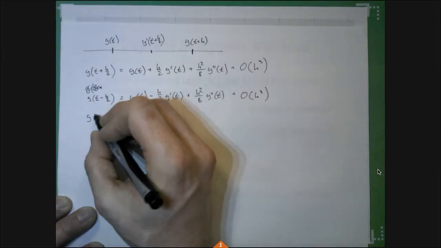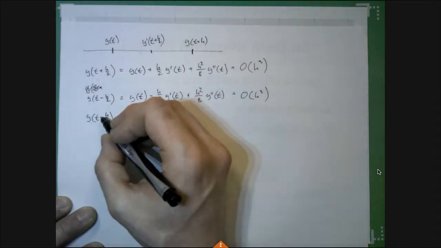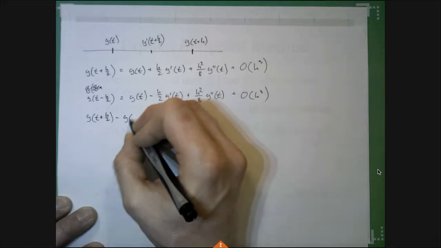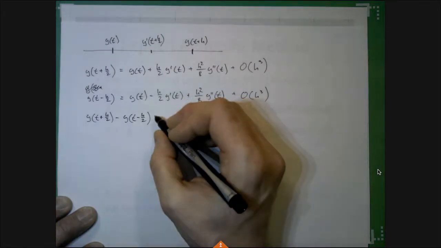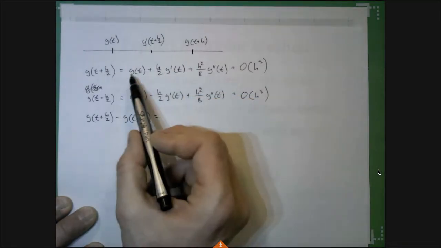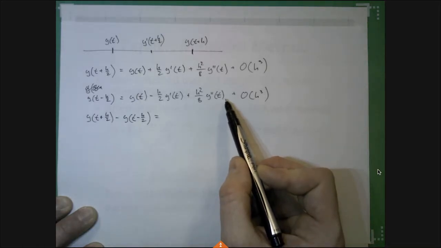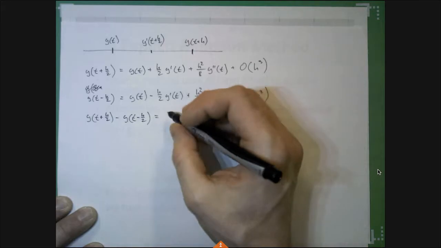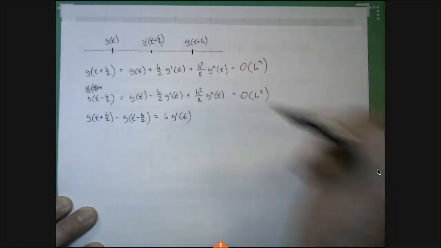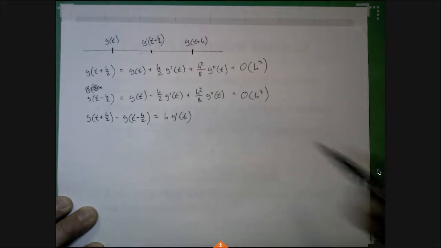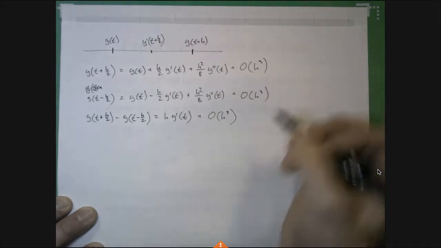Actually, let me take this one and subtract the t minus h half one. I take this one and I subtract this one, okay? And what I will get is an interesting thing. I will get h times y prime of t, because this term canceled out and this term also canceled out, okay? And this is why we get the higher order accuracy, plus some O of h cubed term, okay?